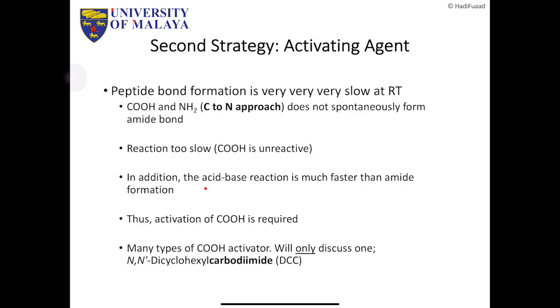Because of the complexity of the amino acid, you want to avoid using an acidic or basic environment during your synthesis. So normally you synthesize it in an organic solvent. If you have these two functional groups in an organic solvent without the presence of acid or base, the reaction is not spontaneous at all. Therefore you need to use an activating agent.